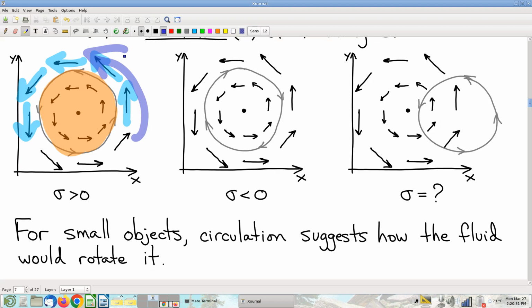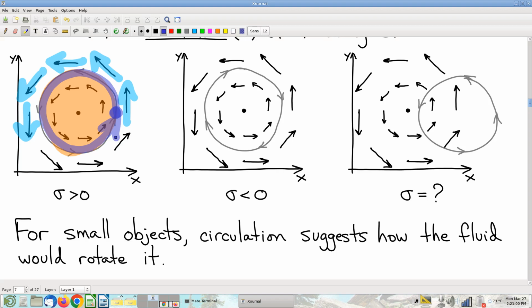Right? And so I would propose in this circumstance here, and keep in mind our curve, right? Our closed curve is going around that way. To what extent is this leaf going to be rotating around, as indicated by the boundary curve? To what extent, in other words, is the water circulating around the boundary of that dead leaf?